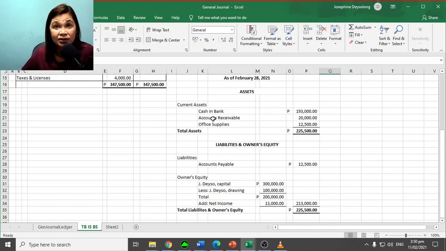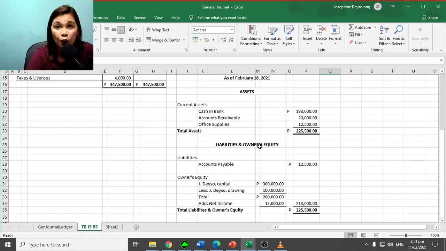Then the next is accounts receivable, which is to be converted into cash later. And office supplies is also liquid; you can have it sold, if ever. So again, we have total assets of 225,500.